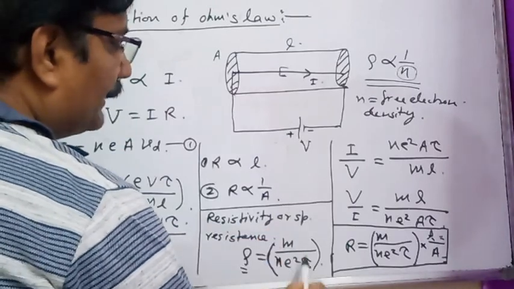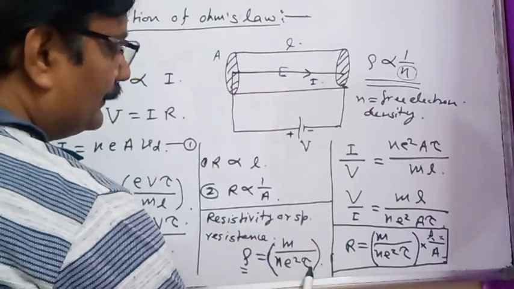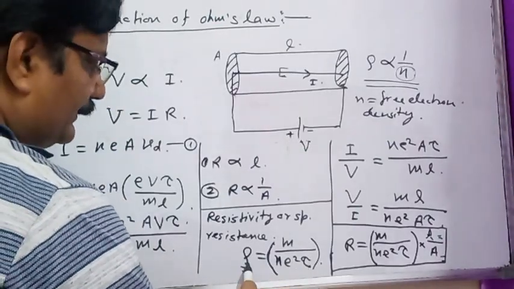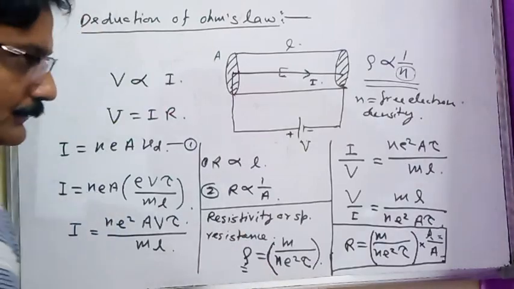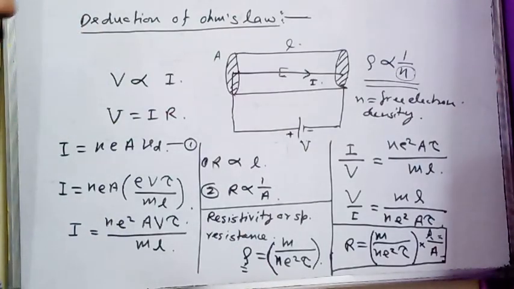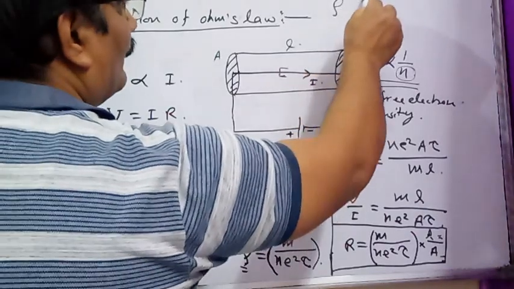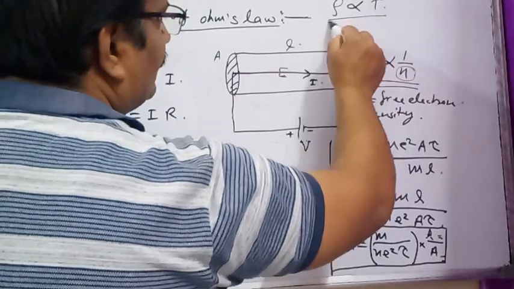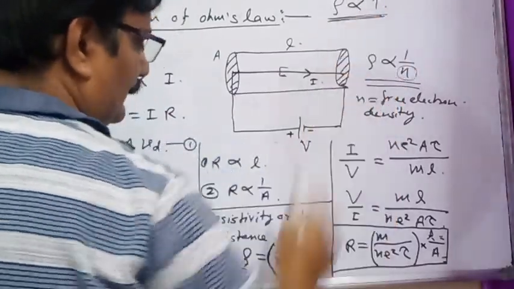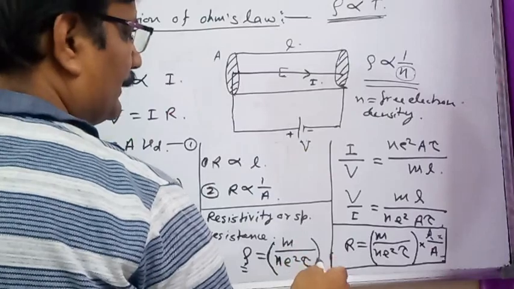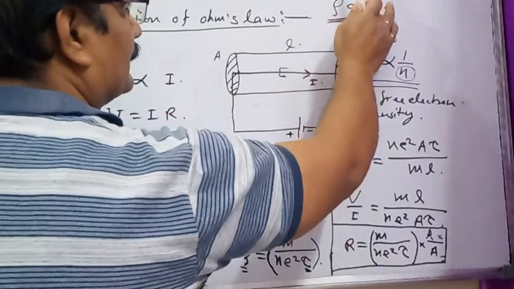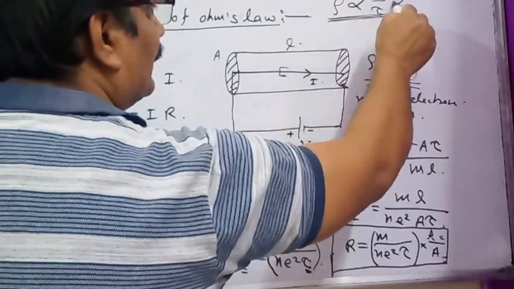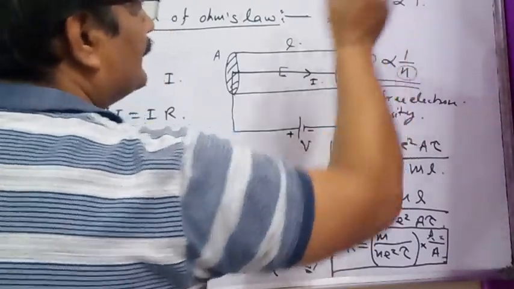And if temperature of the material rises, then due to decrease in the relaxation time tau, the resistivity will increase. So resistivity is directly proportional to temperature. With rise in temperature, resistivity of the material increases, because resistivity is inversely proportional to relaxation time, and relaxation time is inversely proportional to temperature of the material.